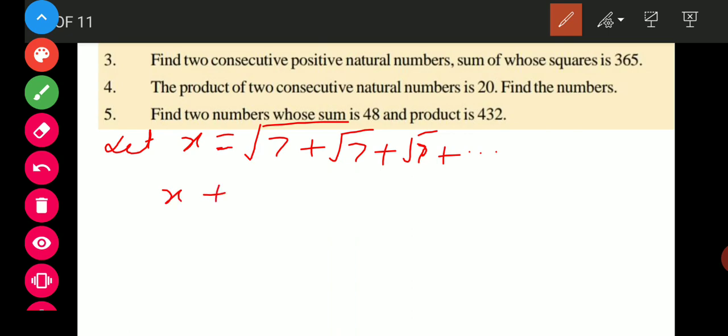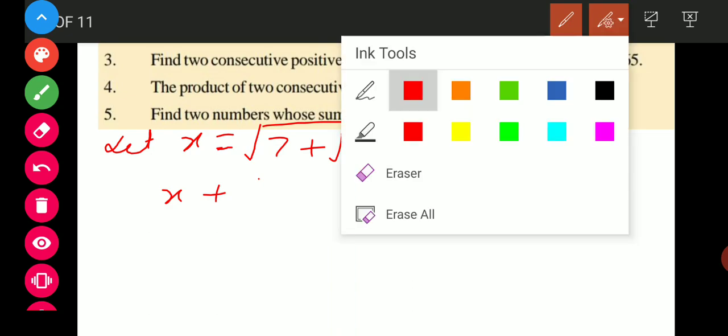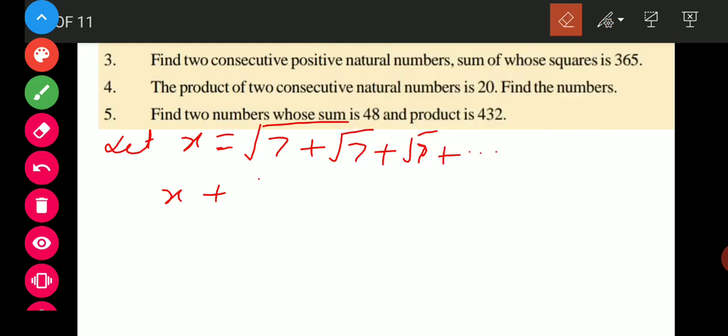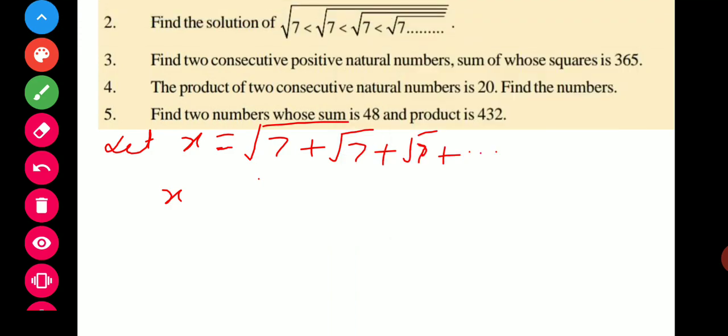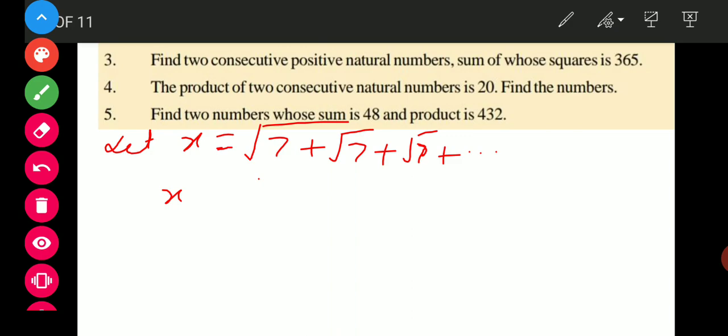We can write easily like this. x is equal to under root of 7 plus x.